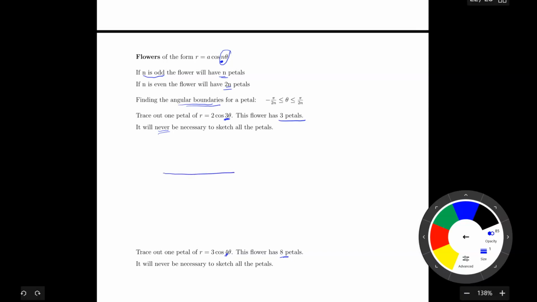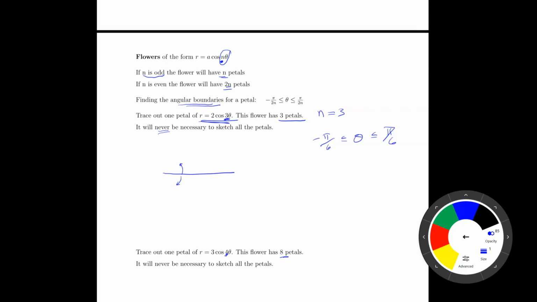So with the x-axis, I'll go negative pi over 2n to pi over 2n, and that will give me one petal. So here my n is 3. So if I go from negative pi over 6 to an angle of pi over 6, this will give me one petal.